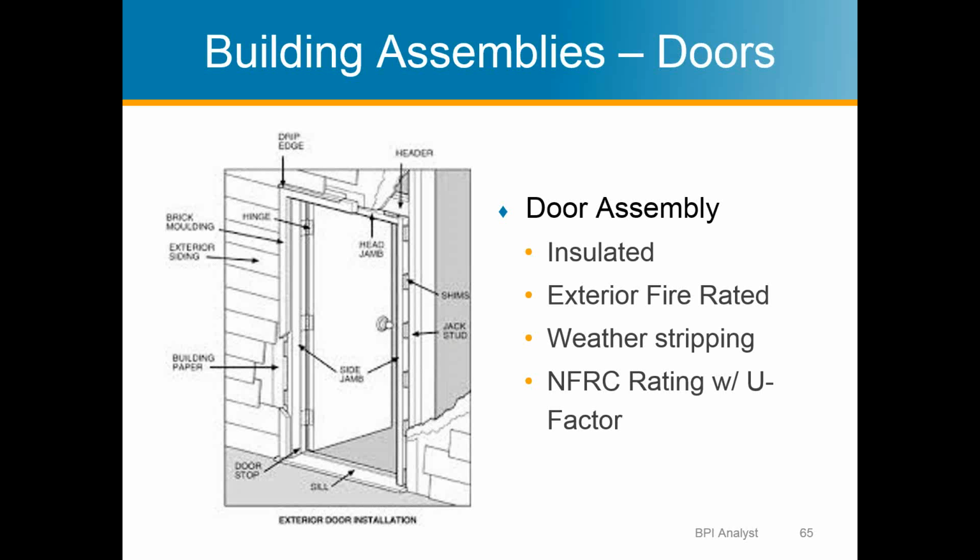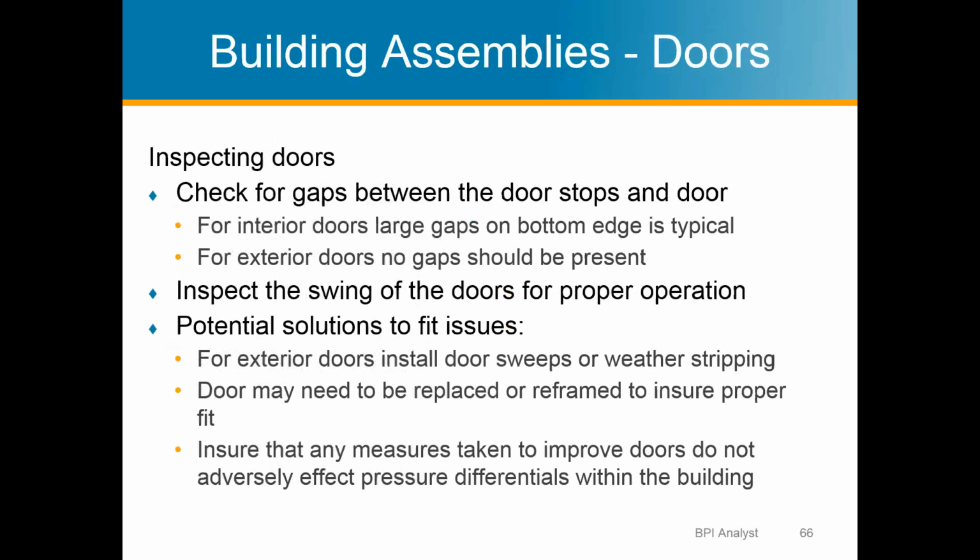If you want to dramatically improve the performance of your door, don't use windows in it. Windows are always big leaks in the door. So in doors, you want to check for gaps between doors and the stop, the weather stripping. Check the swing of the doors, and it's all about the weather stripping.